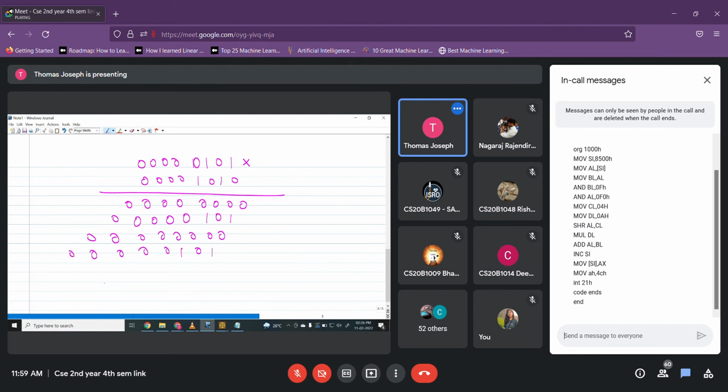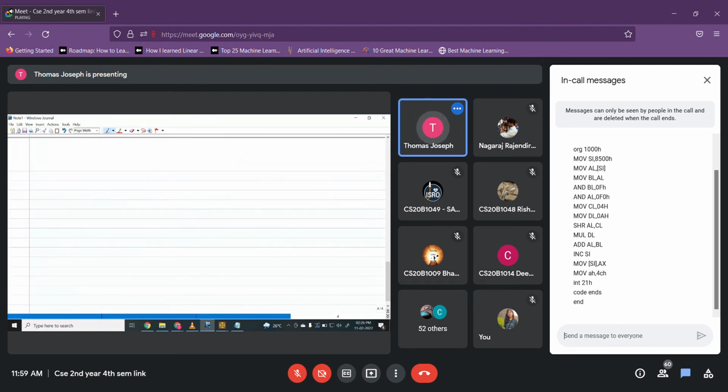Then again 4 more zeros. You have to multiply this with all the zeros. So finally, again zeros. And finally, if you are adding, you will get this answer.